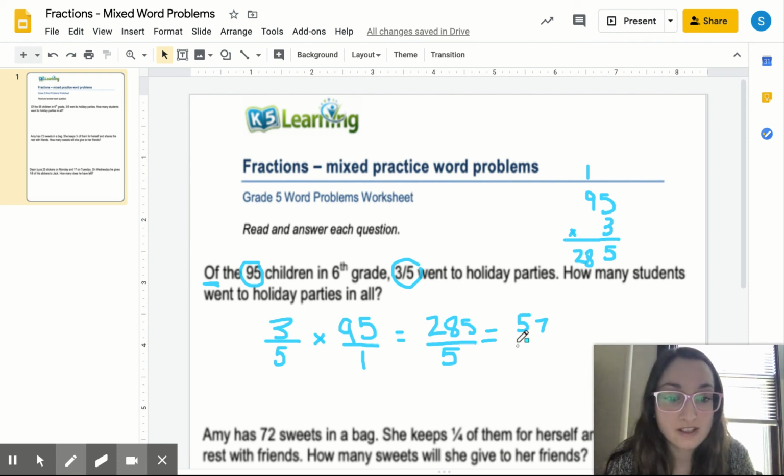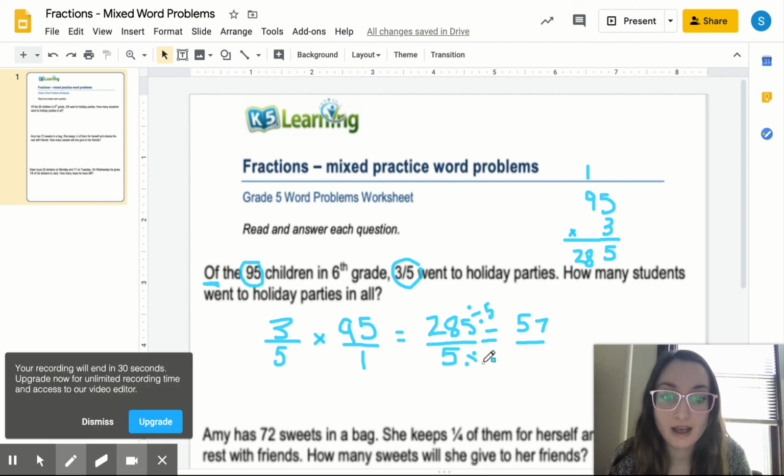Okay, 57 over, so if I divided this by 5, I also have to divide my denominator by 5, right? When we work with fractions, we do the same thing to the top and the bottom to keep it the same fraction we're talking about. 5 divided by 5 is 1. So we have 57 divided by 1 is just 57, right? 57.